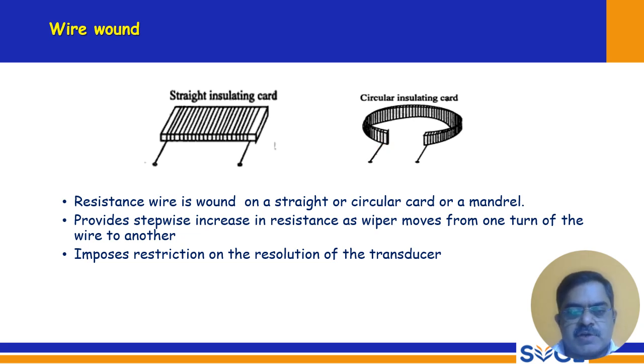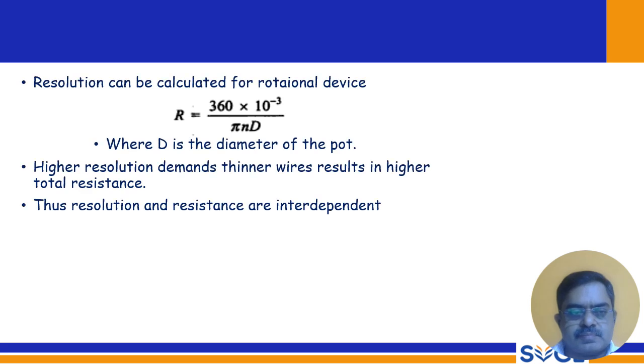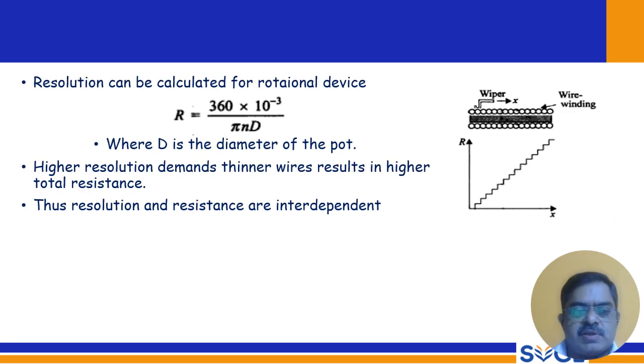Next is cermet type. So here the resolution can be calculated for a rotational device. So here this is the wiper, this is displacement, this is winding, and resolution can be measured using this simple relation: 360 into 10 to the power of minus 3 divided by pi n d.